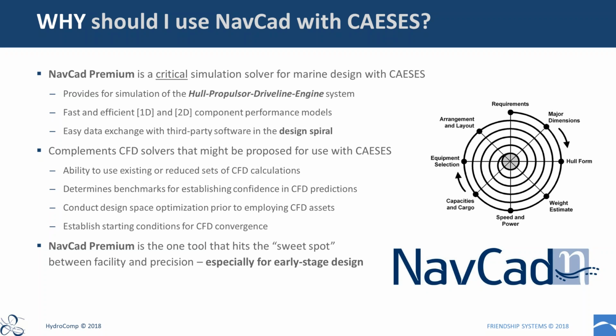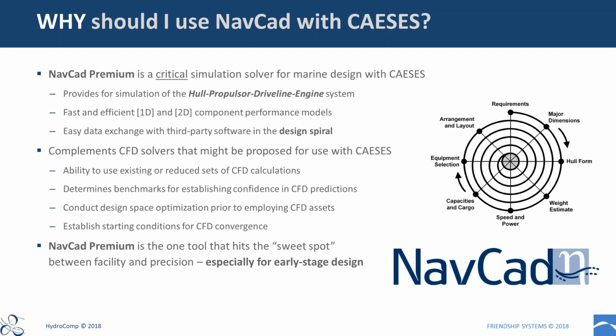Now, within NavCad, in support of that system, we have a variety of fast and efficient, what we term 1D and 2D component performance models. And by component, I mean hull prediction models for resistance or hull propulsor interaction, for appendages, for added resistance in seas.